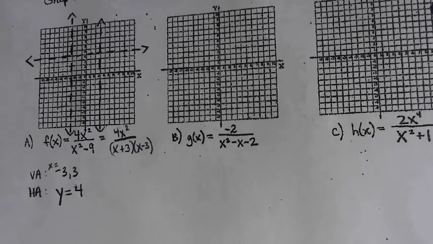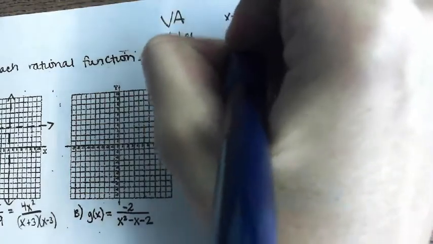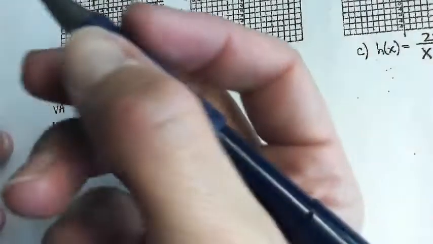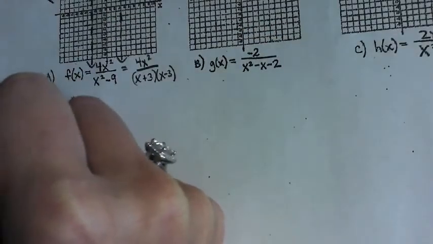Once we have that, x-intercepts and y-intercepts can be helpful. Okay, so x-intercepts, y-intercepts. I don't know which one's easier. We'll do the y-intercept. We'll set x equal to 0.